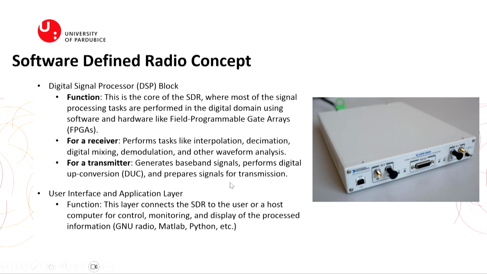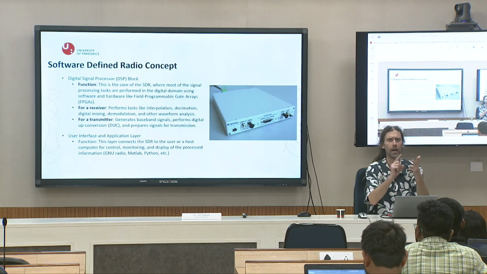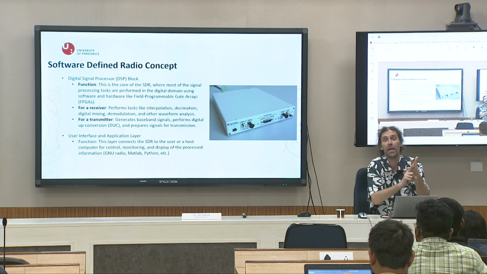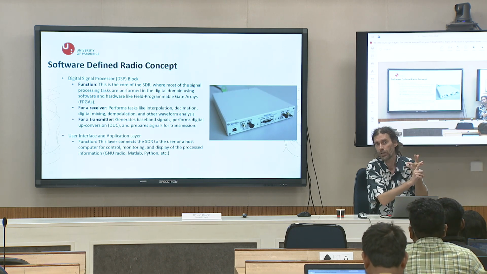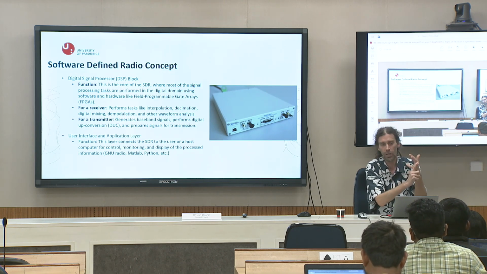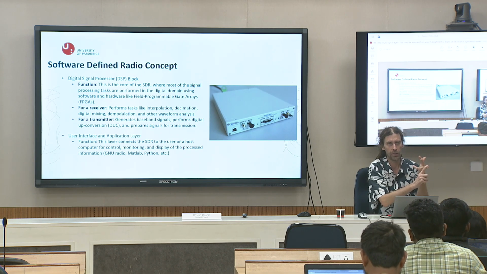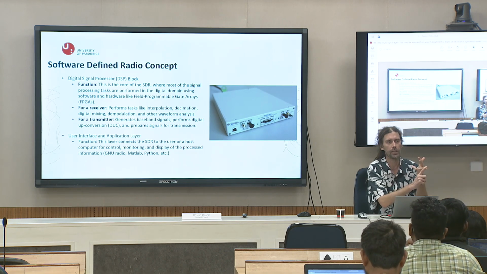All these signal processing things you could generally do on an FPGA. Then there is the user interface application layer. We use GNU Radio. You can use it, but also MATLAB, Python. Maybe you have some other ideas which software you can control it with. We mainly use these three: GNU Radio, MATLAB, Python.